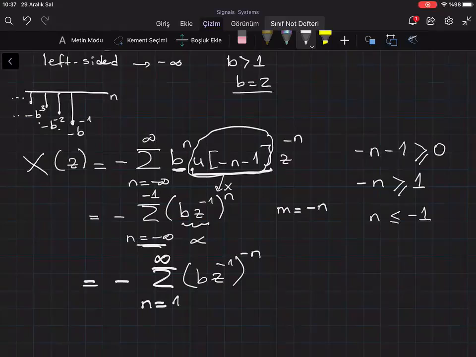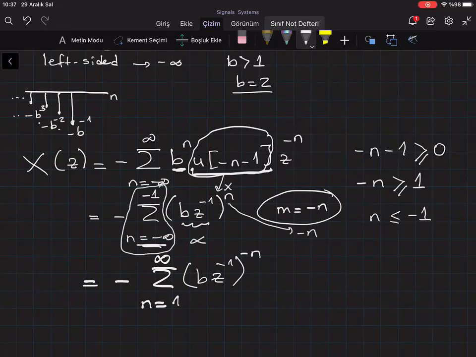Okay, so it's the same thing. Either I will do this, or I will write, instead of n, -n in order to change this into this. Do you understand this part, arkadaşlar? Is everything clear here? Yes. It is also critical for you to understand this when you're doing Fourier transform similarly, right?